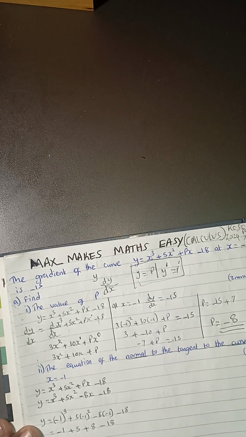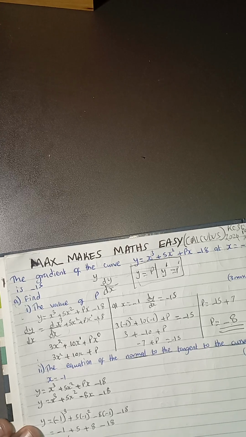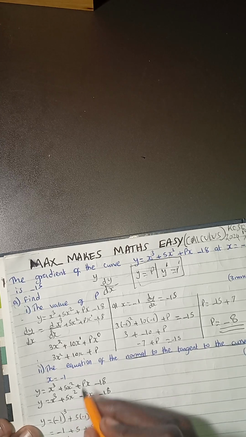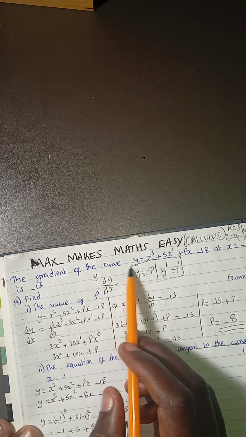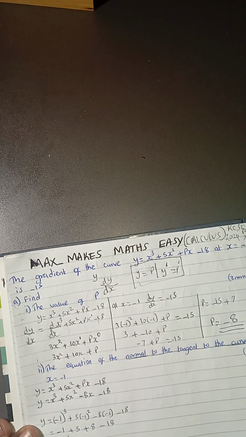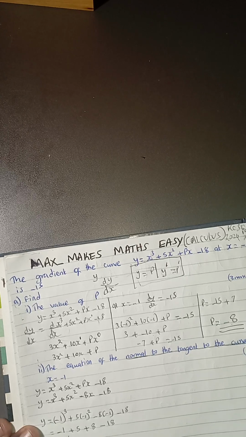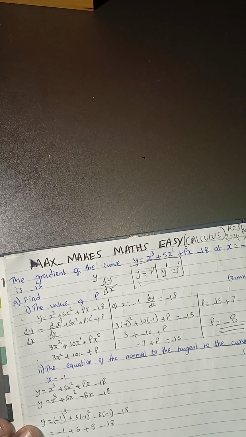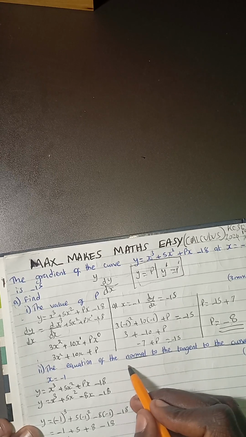So our y equals negative 6. So the point on the curve is x equals negative 1 and y equals negative 6, the point negative 1, negative 6.